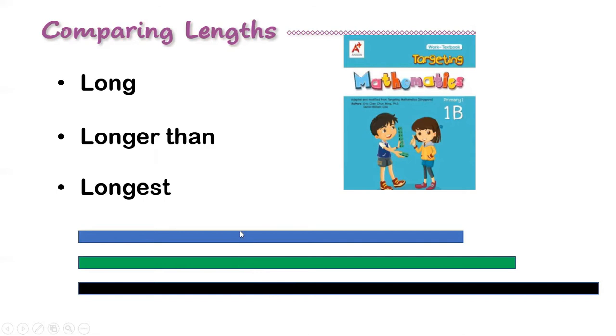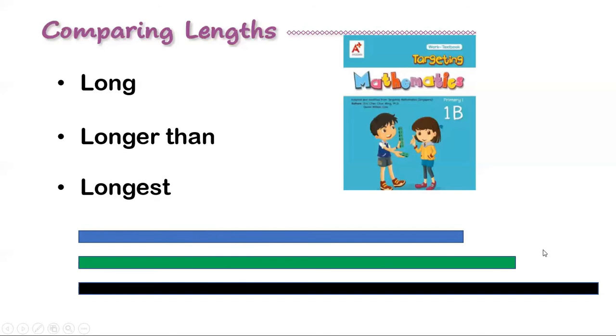So when we say longest, it means that this black bar is longer than the green one and the blue one.